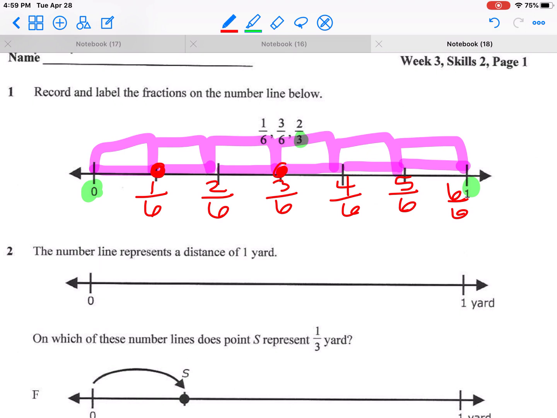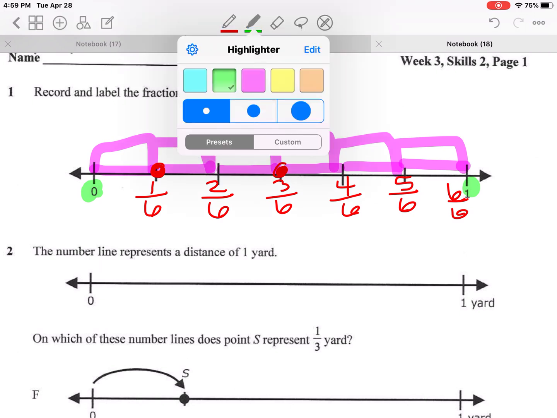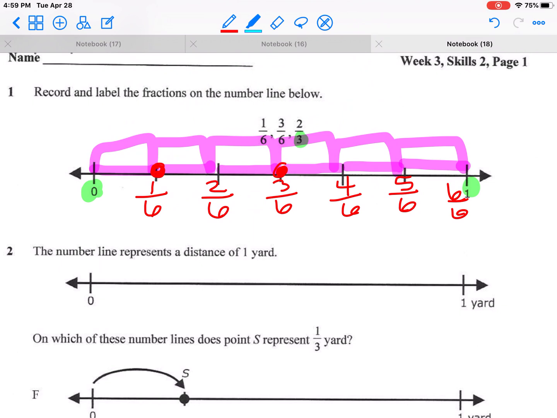Now I have 2 out of 3. So that means that I would have to divide this number line into 3 equal parts to find 2 out of 3, which would be 1, 2, 3. And there it would become 1 out of 3, 2 out of 3, and 3 out of 3, or 1 whole.